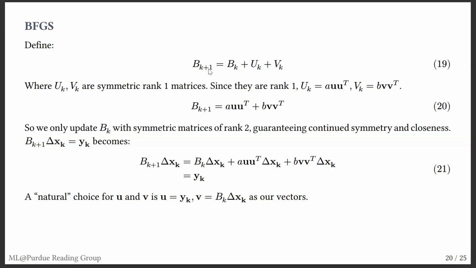To change 2 ranks, we're going to add 2 individual matrices that are each of rank 1. How do we create rank 1 matrices? You just use an outer product, and you multiply it by a scalar. This is how you get BK plus a UU transpose plus b VV transpose. Then you eventually get to choose your U and your V as natural choices.